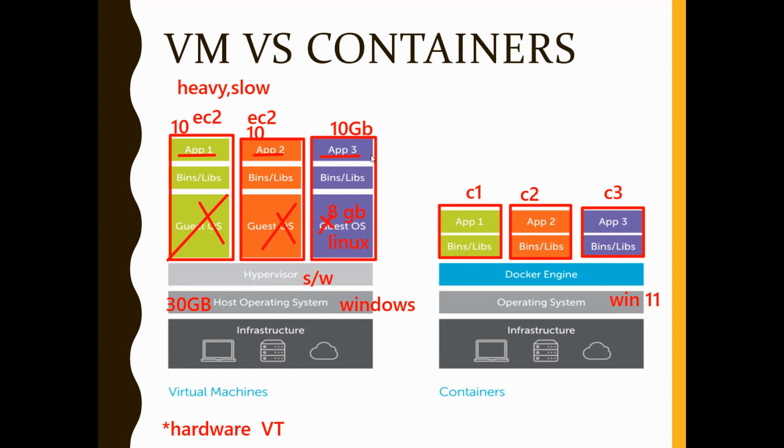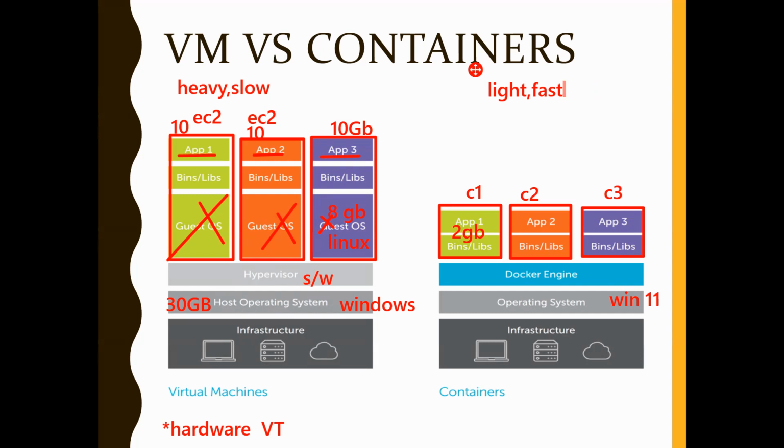If I allocate 10 GB to the VM, 8 GB is consumed by the guest OS, and only 2 for the app. See here, that 8 GB is saved, only 2. Very small, lightweight. Because they are light, they can be very fast. They start very quickly, they can run very quickly, they can be created on the fly.